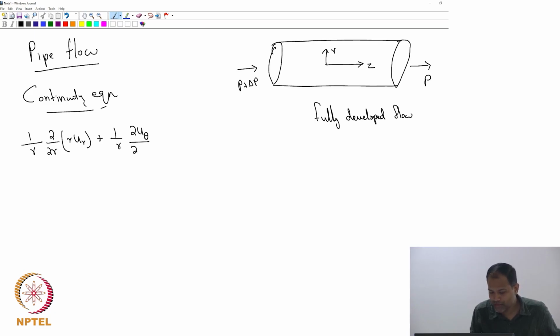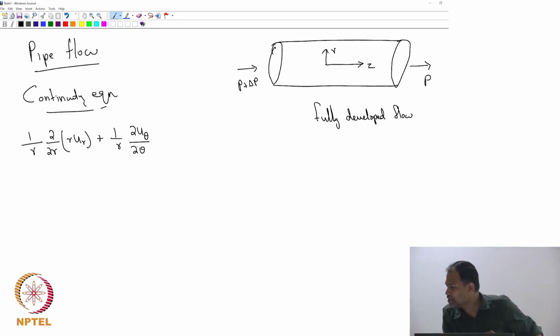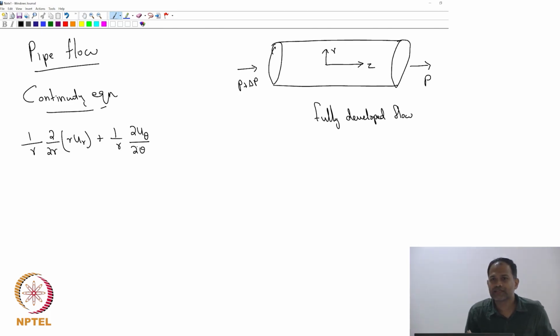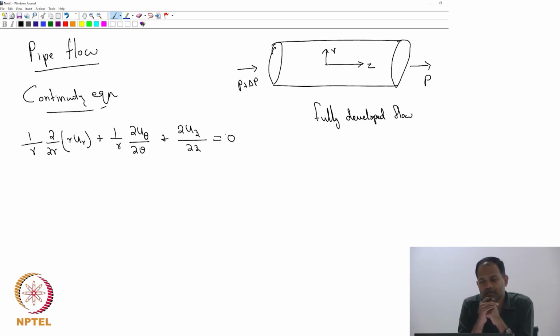I am going to write it down in cylindrical coordinate system. This one, what you see on the screen, is the continuity equation. So you have ur, u theta, u z. These are the three components of velocity as we described yesterday.